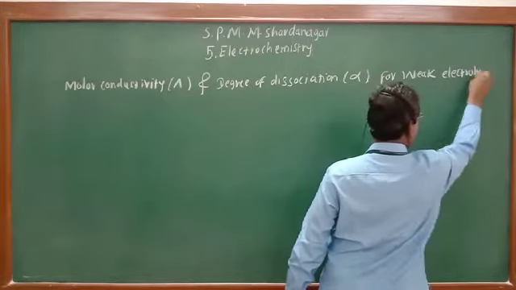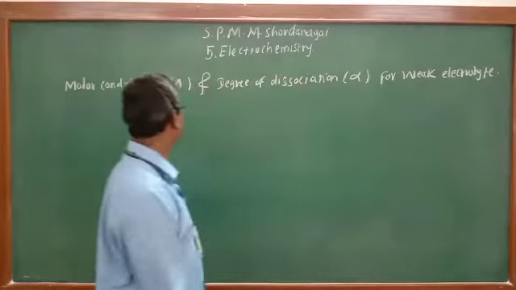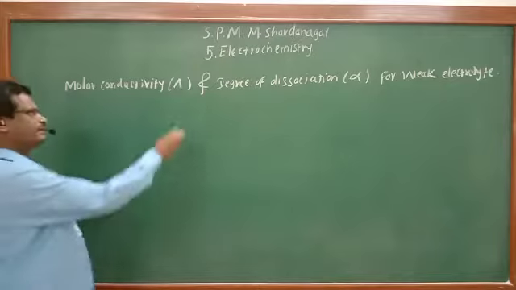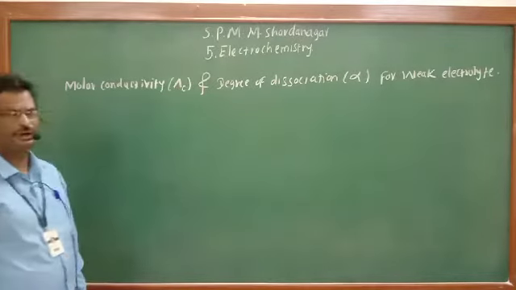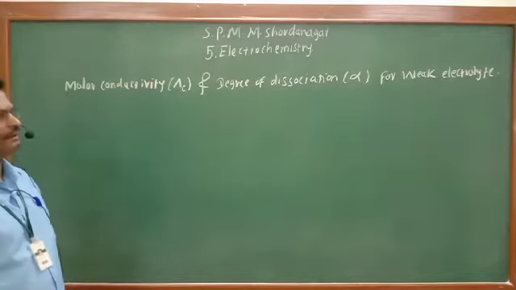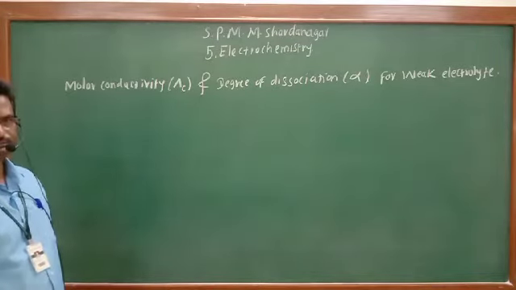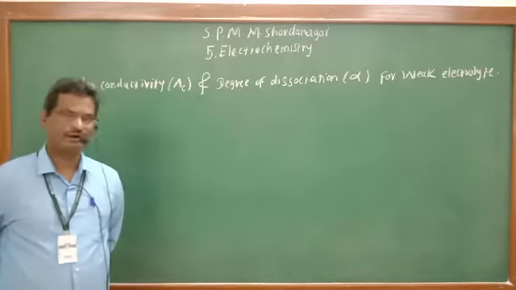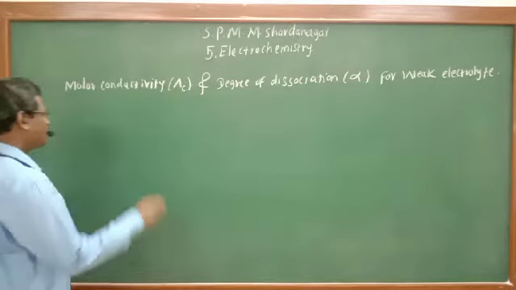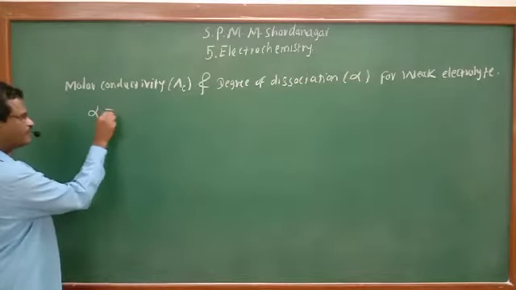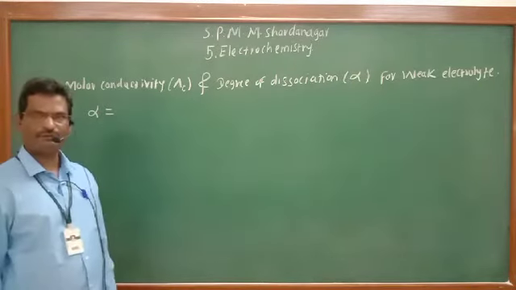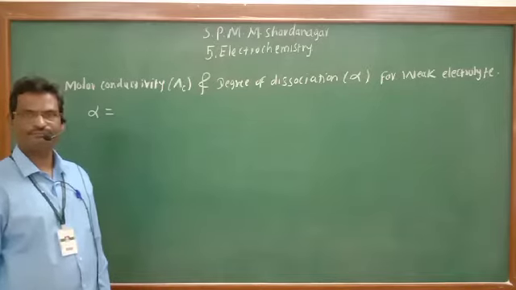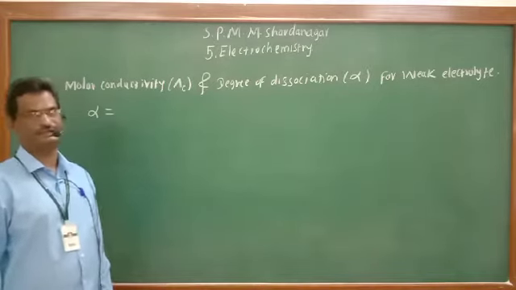So let us see this relationship between molar conductivity at given concentration, maybe lambda c, and degree of dissociation alpha for weak electrolyte. We have seen the degree of dissociation in the chapter of ionic equilibrium, and that degree of dissociation alpha is defined as the fraction of total moles of an electrolyte which have undergone dissociation.